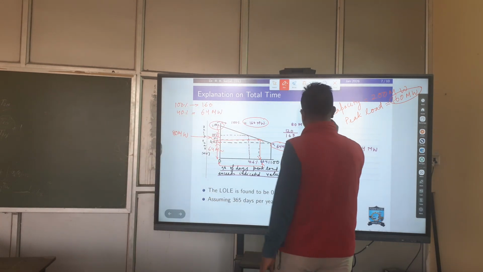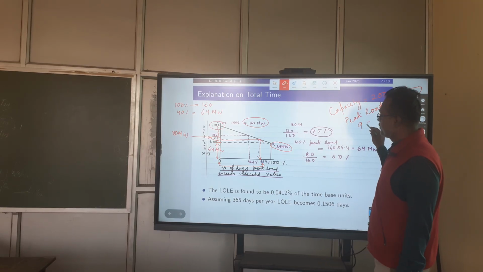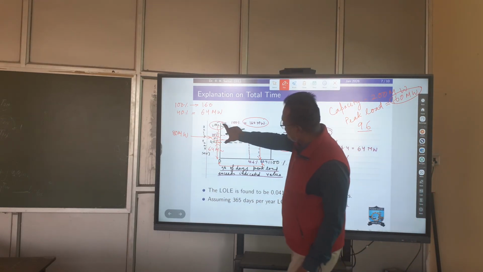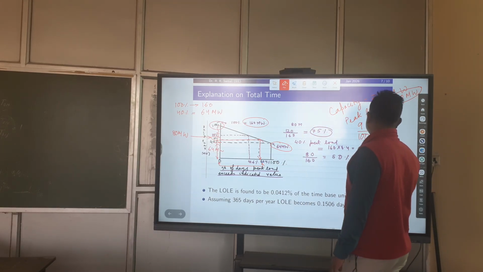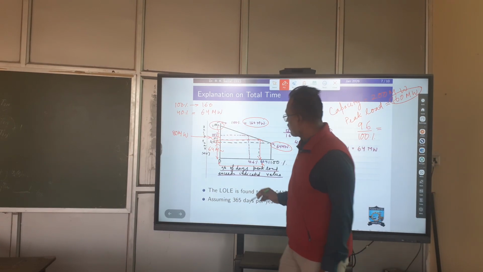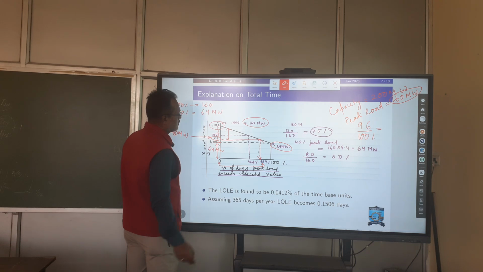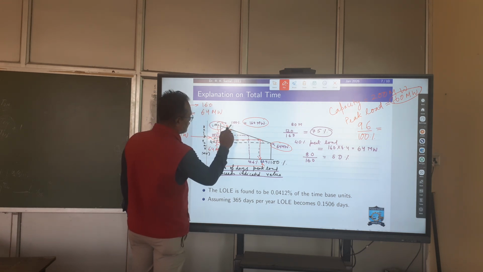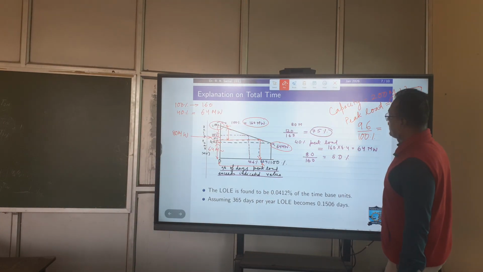So 96 divided by 100% must be equal to 80 by x, up to this 80.